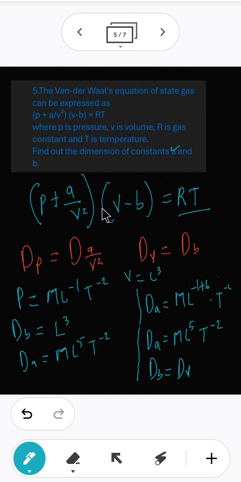Now for our level, we're not going to be using dimensions of all these higher physical quantities. We just stick to the basics, you understand? So with this, we have solved the dimensions for the various constants.